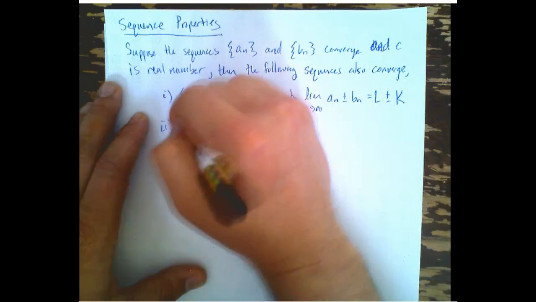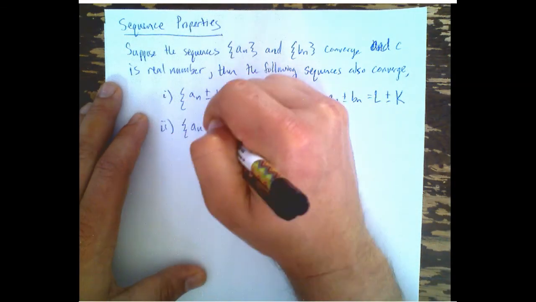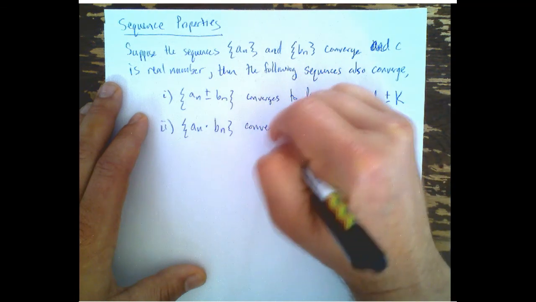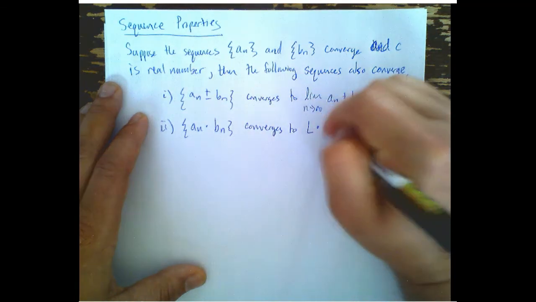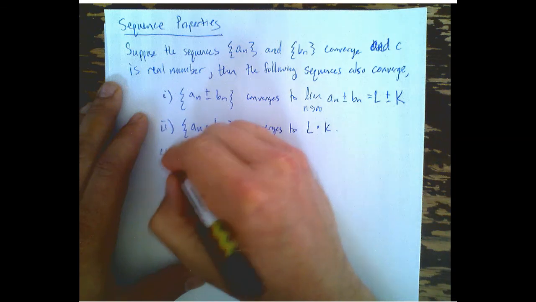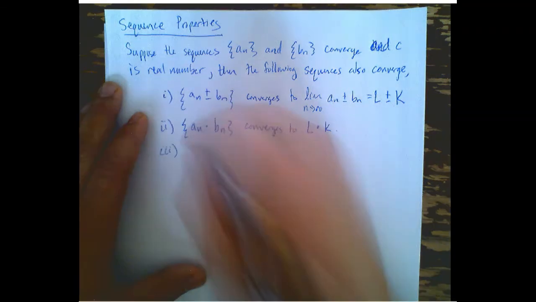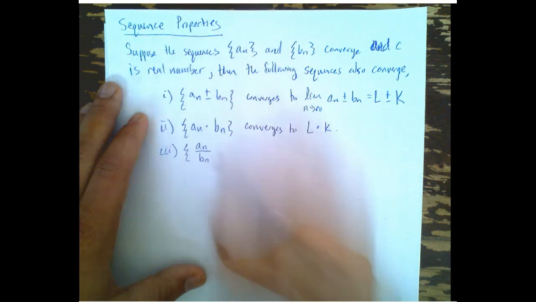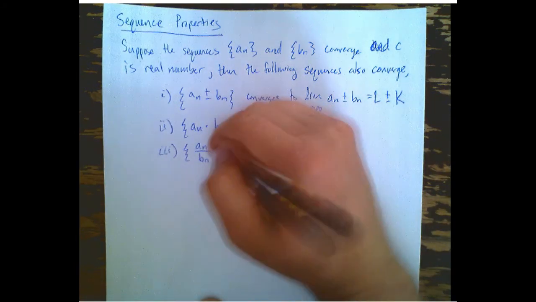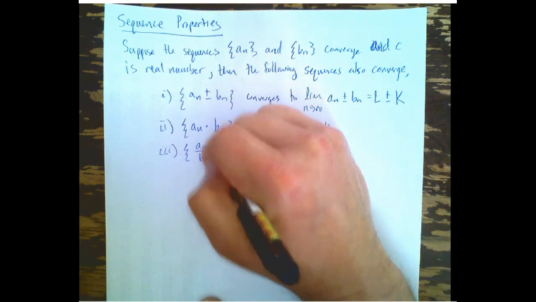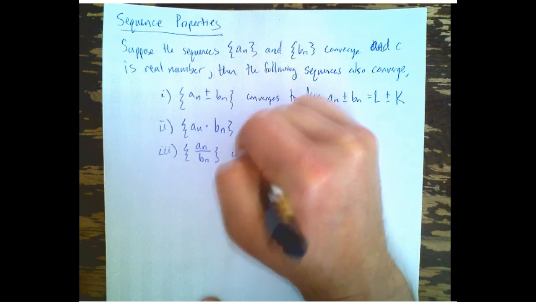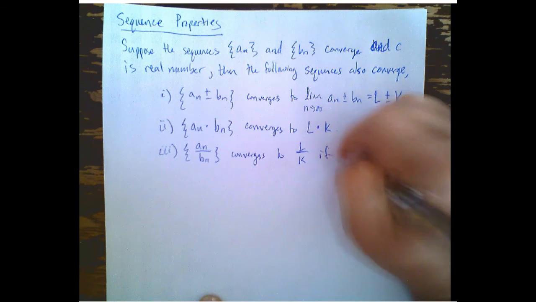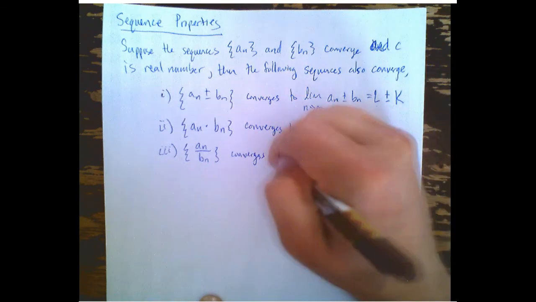The product also converges. The product sequence converges to L times K. The quotient will converge to L over K, if K is non-zero, of course.